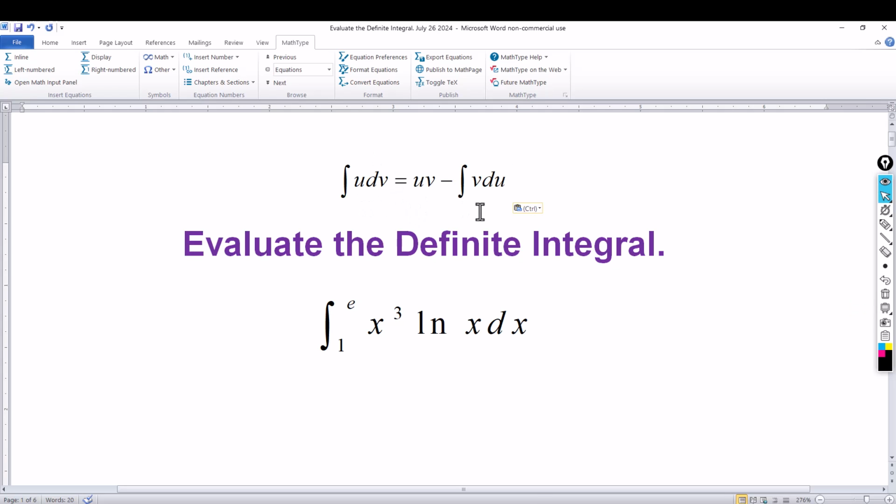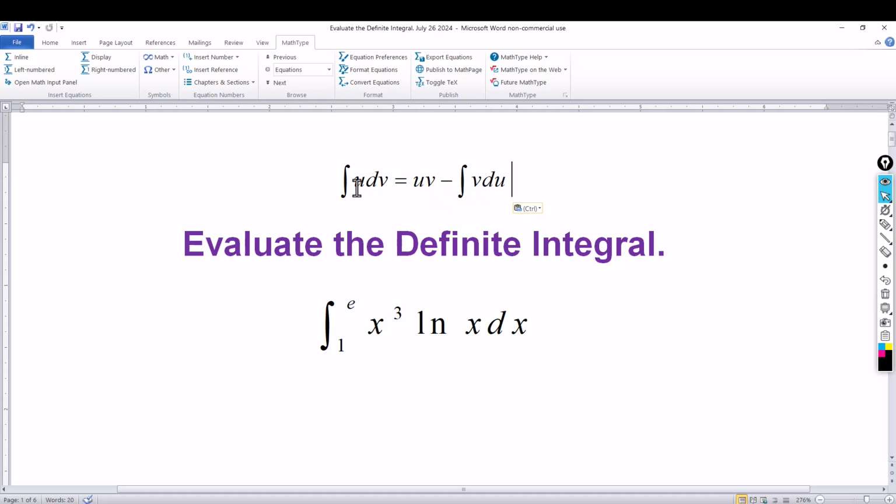Here's your standard formula. There's other forms of this formula, but this is the one that a lot of times people use. You have the integral of u dv equals the product of u and v minus the integral of v du.